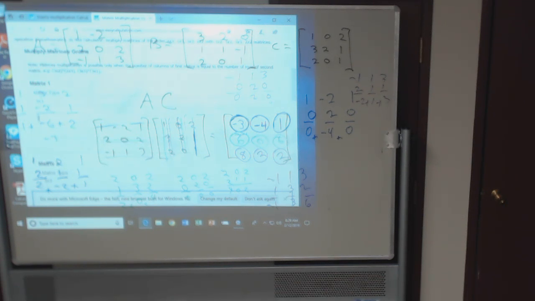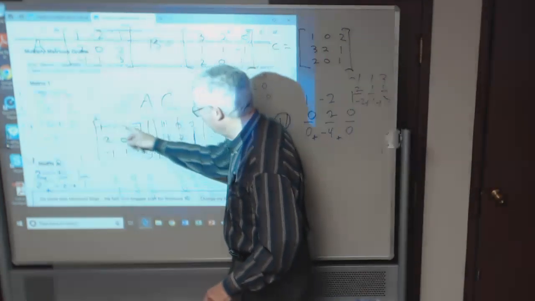So 1, and what's next? Negative 1. Negative 2. We're multiplying A and C, this one.